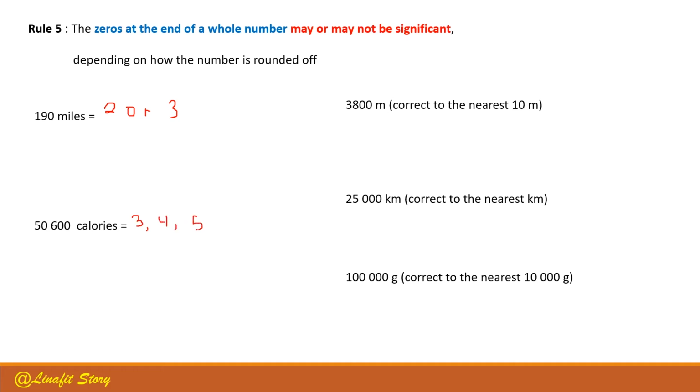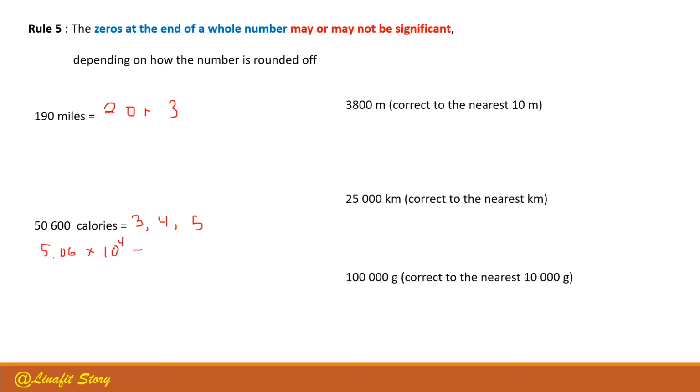The potential ambiguity in the last rule can be avoided by the use of standard exponential or scientific notation. For example, depending on whether 3, 4, or 5 significant figures is correct, we could write 50,600 calories as 5.06 times 10 to the power of 4 calories.